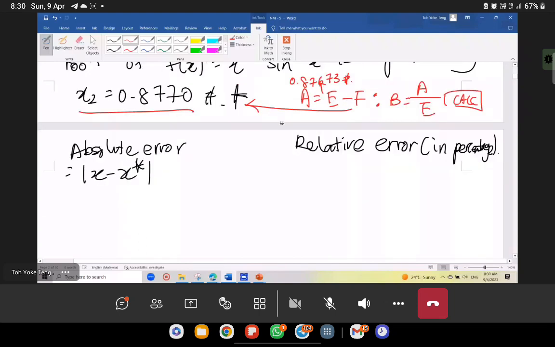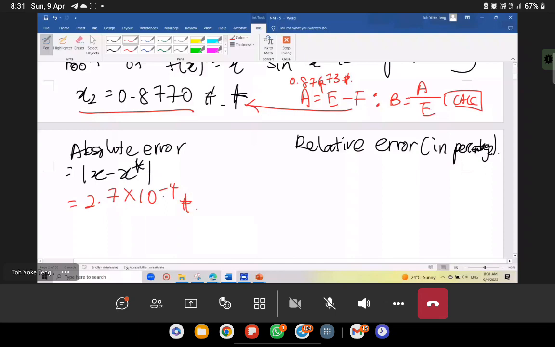Just substitute the values, and you may get E equals 2.7 times 10 to the power of negative 4. Up to you if you want to write it in this form. Normally, you do not need to write it down.